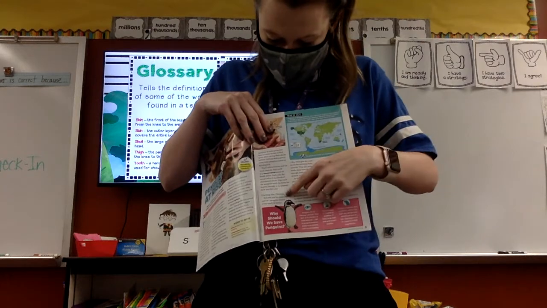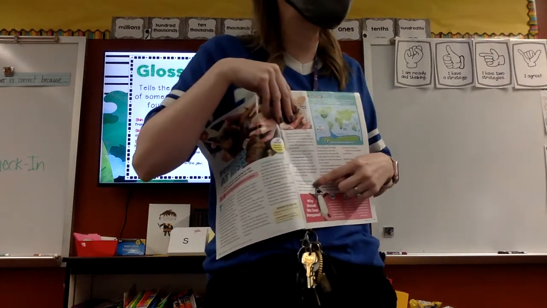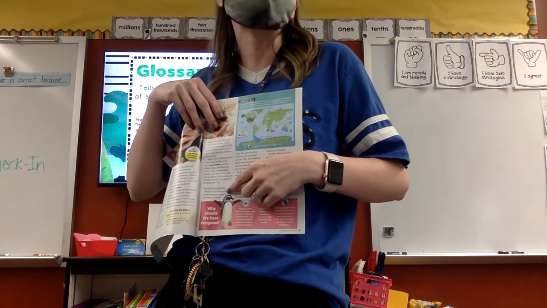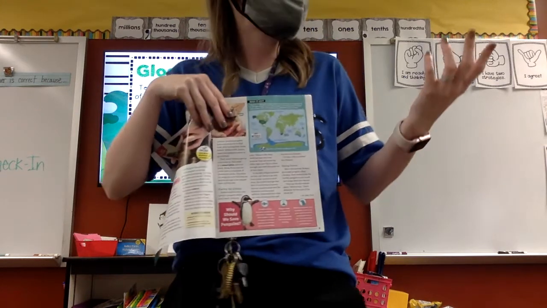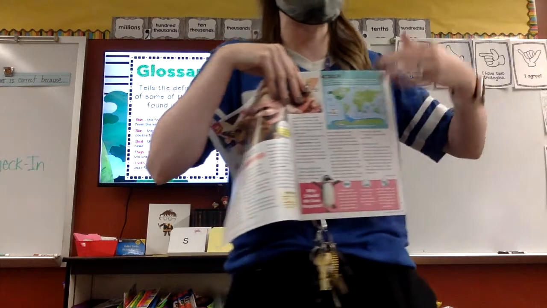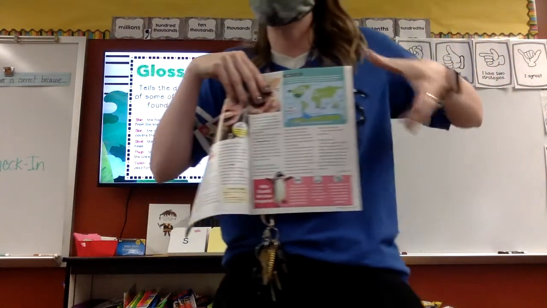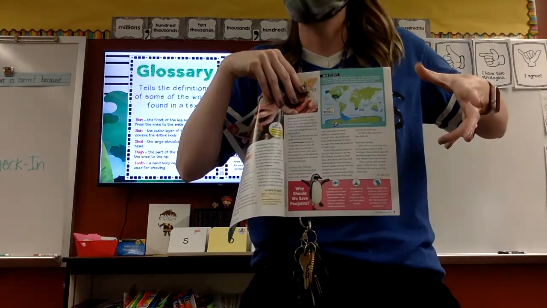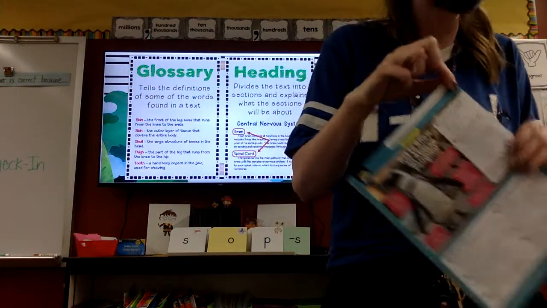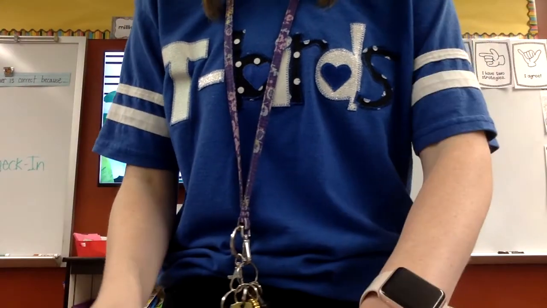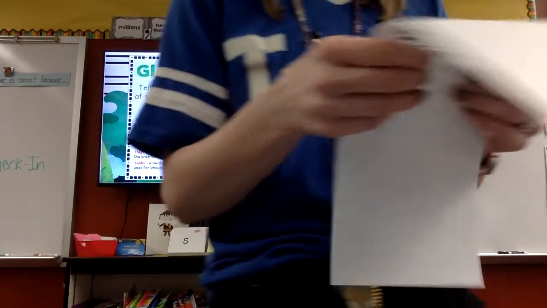But then right here it says caring for chicks. What are the next couple paragraphs probably going to be about? What kind of chicks? Penguin chicks. So do you see how the headings give us a clear idea of what little bitty parts of the text are going to be about? Okay? All right, so the last thing on this page, what should you have in that bottom box? Heading. Very good. Heading. All right, flip to your second page.